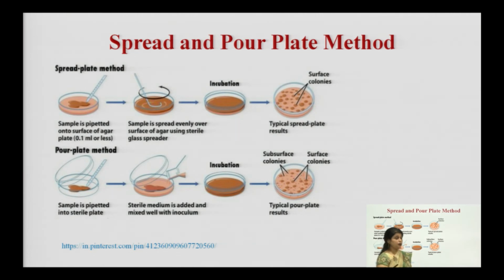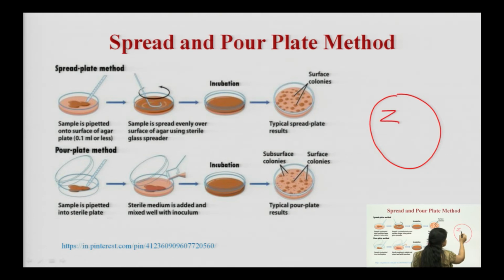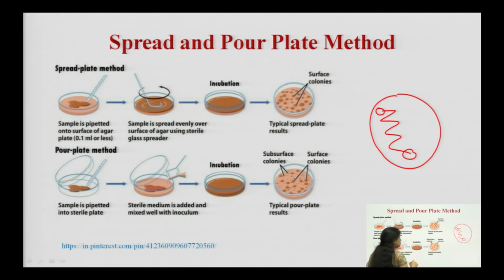In the case of streaking, we were doing the streaking to spread the microorganisms, and the mixed culture was going to spread, and in the end we will get isolated colonies. Those isolated colonies will generate pure cultures.